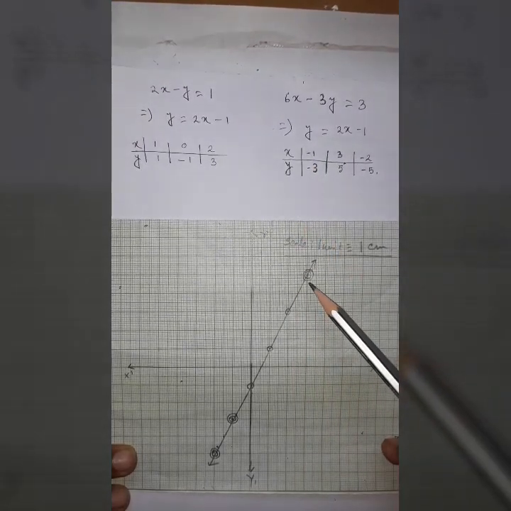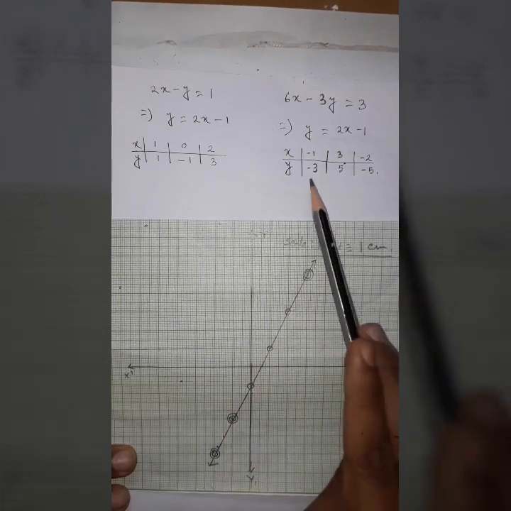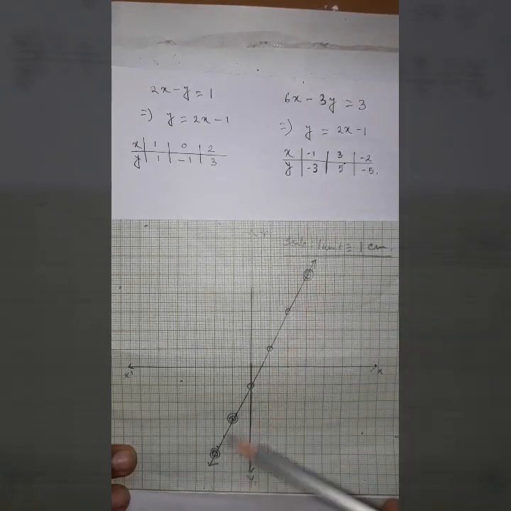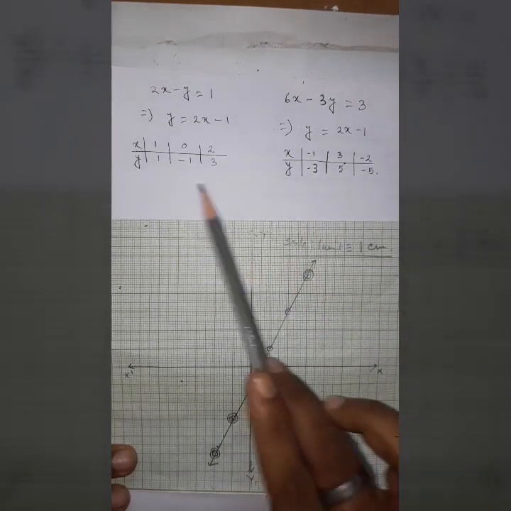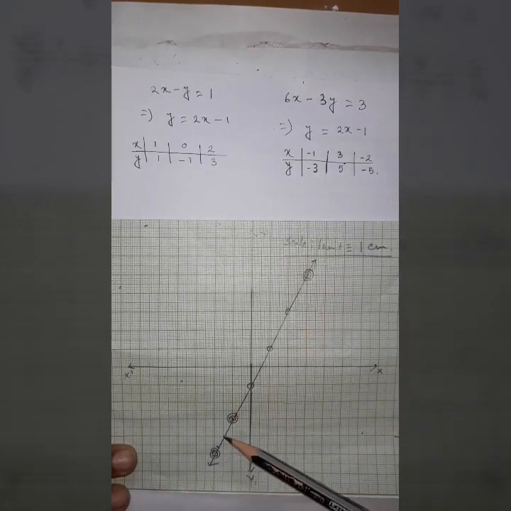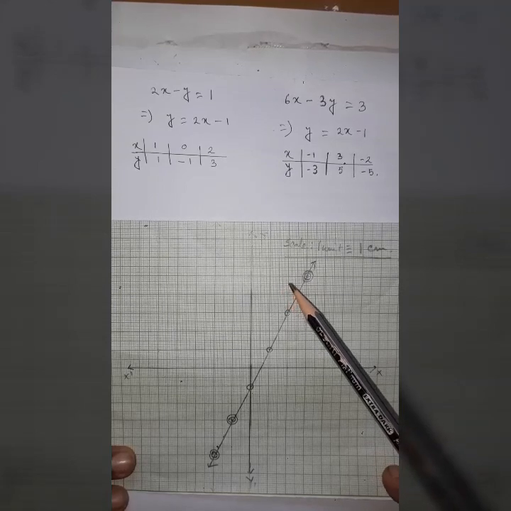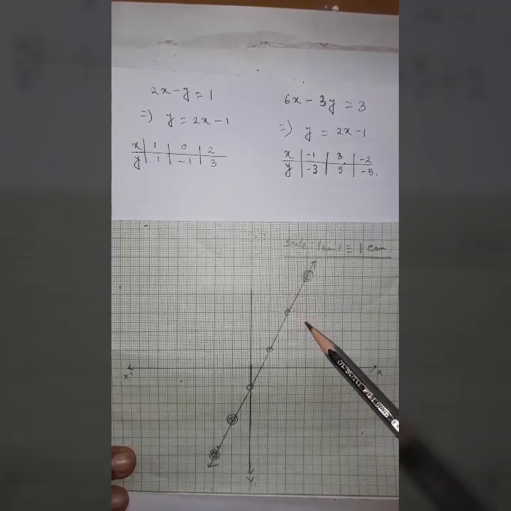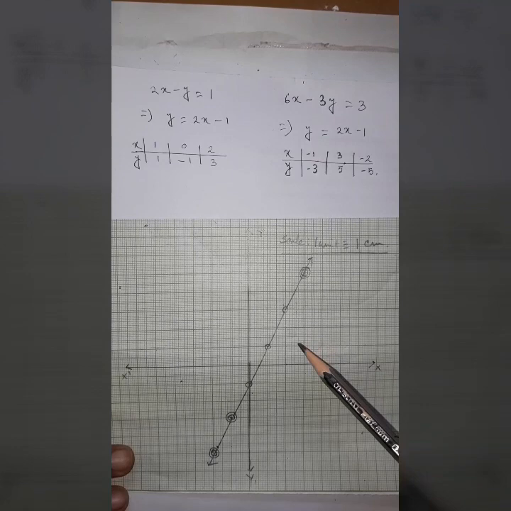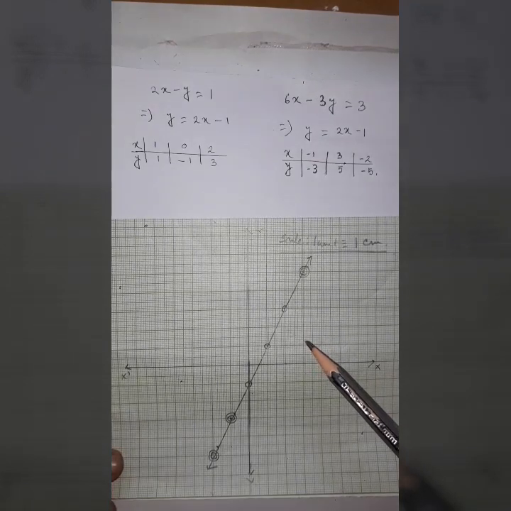You see, these 3 points also lie on this first straight line. That means both these two straight lines coincide with each other. That means if a1 by a2 is equal to b1 by b2 is equal to c1 by c2, then we will get straight lines which coincide with each other.